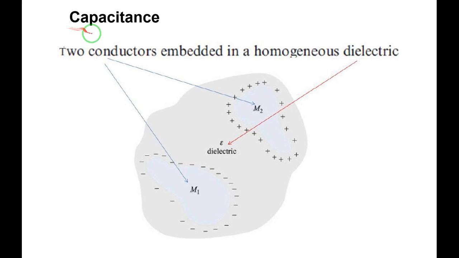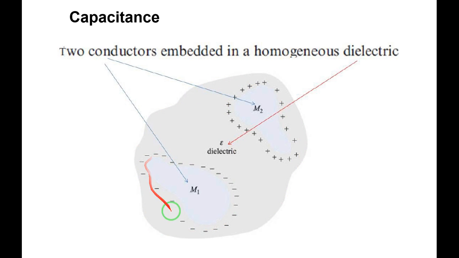Capacitance, as you know. If I consider a homogeneous dielectric material, homogeneous means at each and every point within this dielectric material, the physical characteristics remain the same. And in this homogeneous dielectric material, let us embed two metallic conductors.